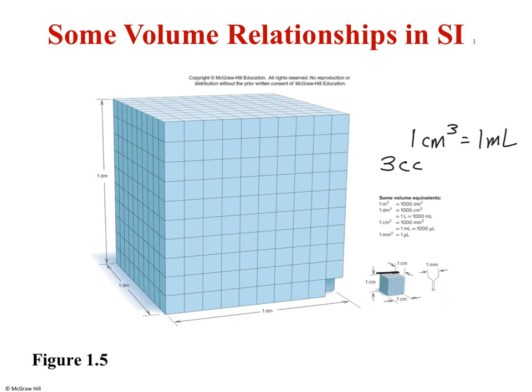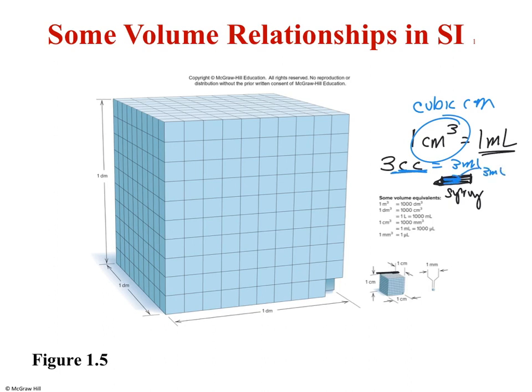Have you ever seen that, 3 cc's? And then they give you a little syringe, and on the syringe you see milliliters. Well, the cc is cubic centimeter. And that's the same thing as 3 milliliters. So you get on the syringe and you're like, okay, there's my 3 milliliters.